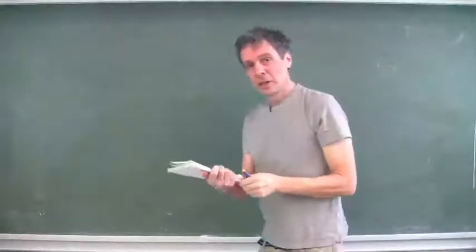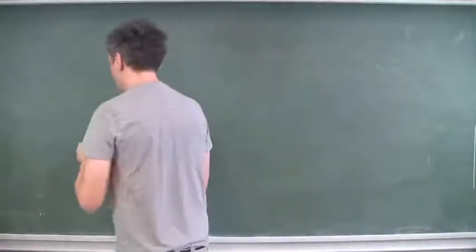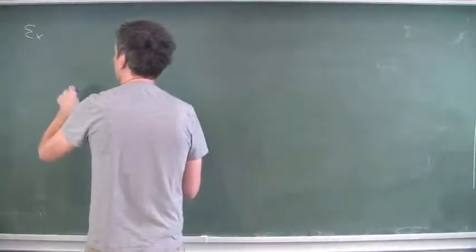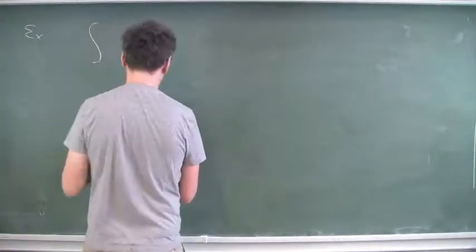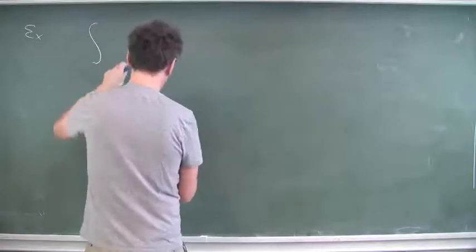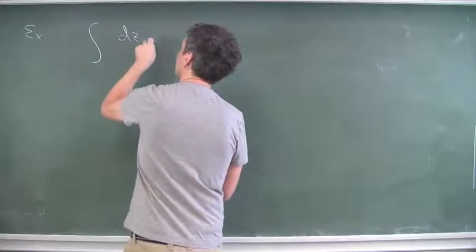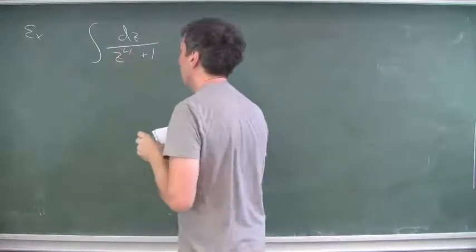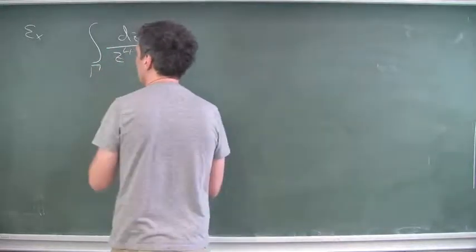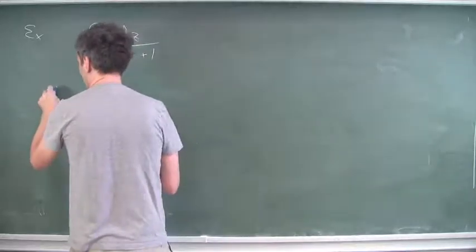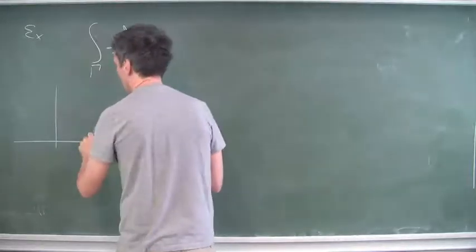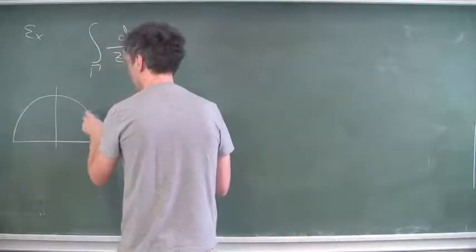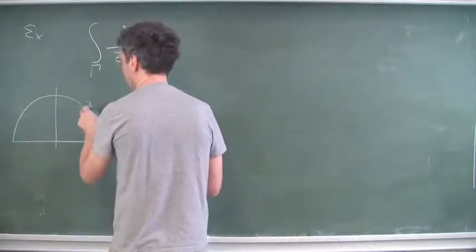So let's now look at an example of such a contour integral. We consider the integral of dz divided by z to the 4th plus 1 over a contour gamma, which in this case consists of a semicircle with radius 3.